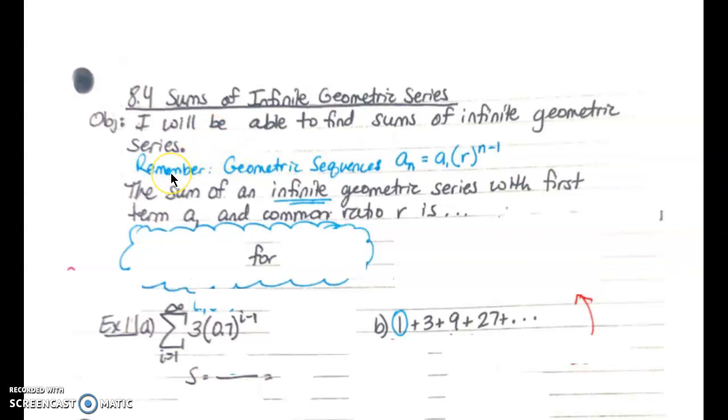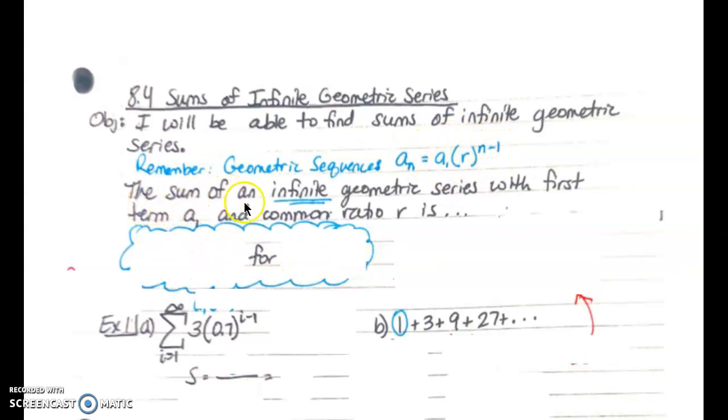Just to remind ourselves, we want to remember what a geometric sequence was. A geometric sequence is any sequence of this form, where a sub n is equal to a sub 1, our first term, times r, our common ratio, to the n minus 1 power. Most of our sequence or series rules are going to be of this form.